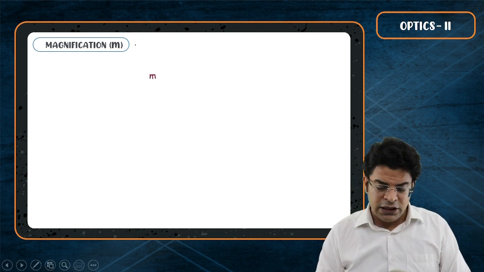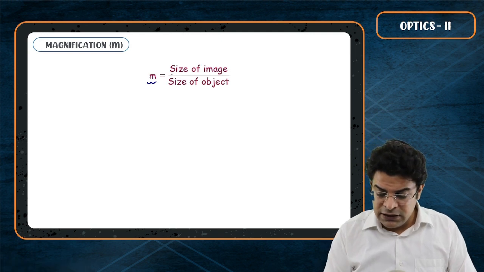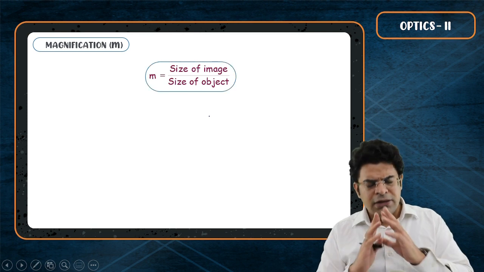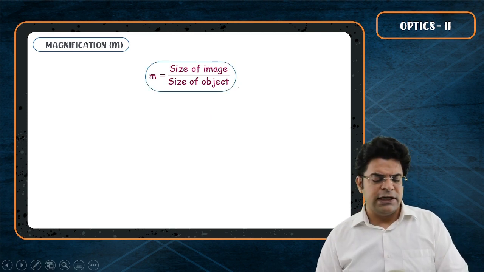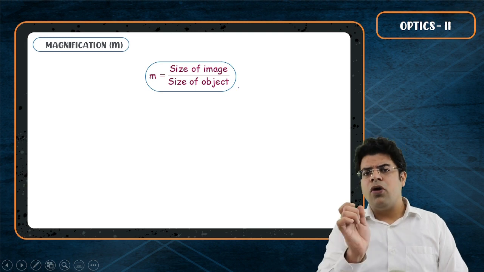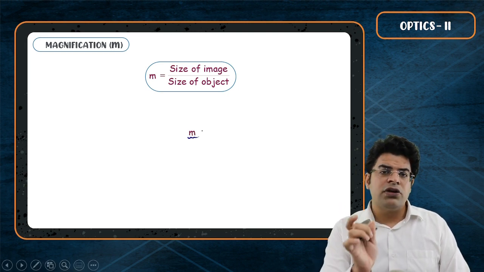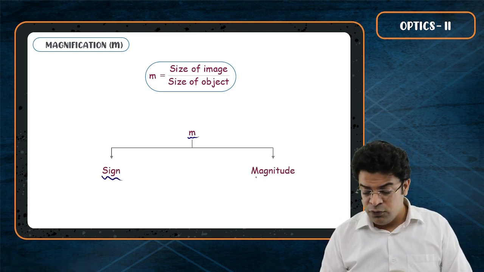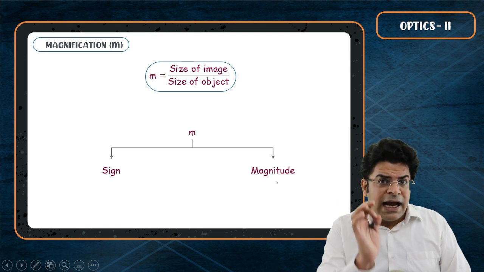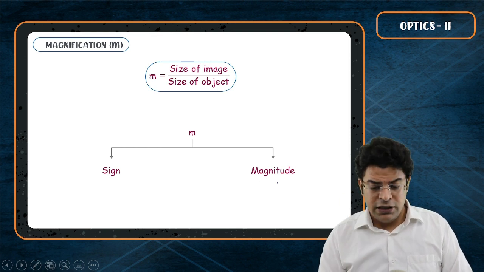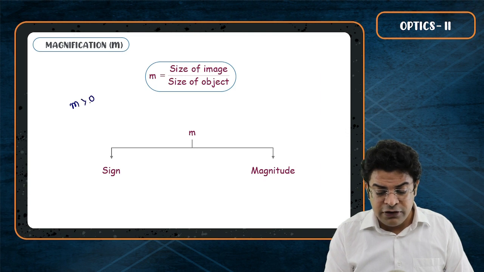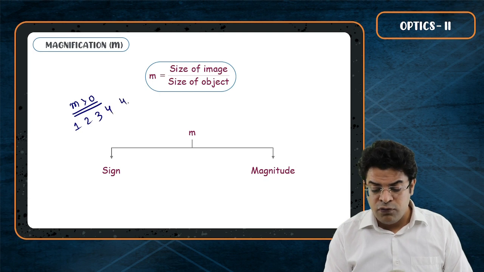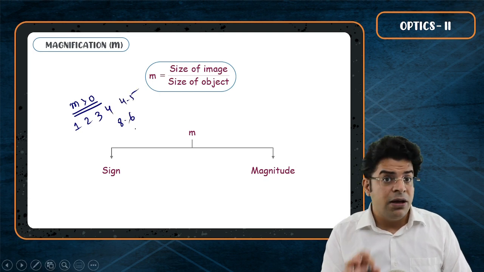The magnification is basically defined as the size of the image upon the size of the object. So what is magnification? The basic definition goes like: the size of image upon the size of object. Now when I talk about magnification, you need to focus on two things, its magnitude and its sign. If the sign of the magnification is positive, it means that the magnification is greater than 0, let's say 1, 2, 3, 4, 4.5, 8.6, anything but positive.